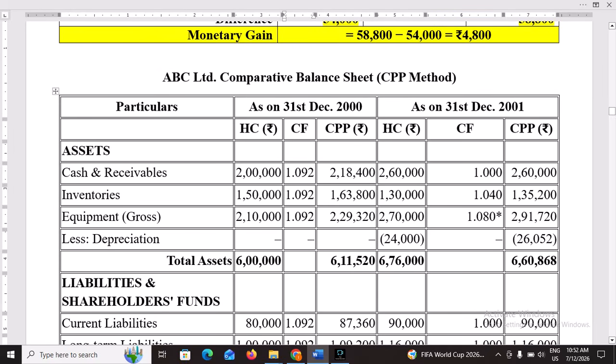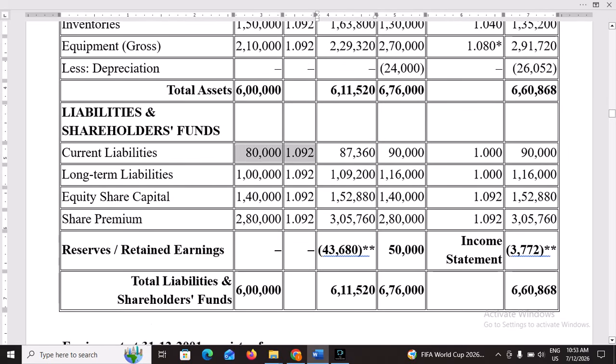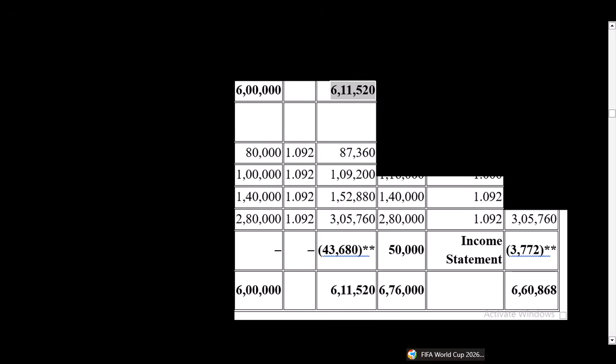So 2 lakh into 1.092 is 2,18,400; 1,50,000 into 1.092 is 1,63,800; 2,10,000 into 1.092 is 2,29,320. Total of this is 6,11,520. Now 80,000 into 1.092 is 87,360; 1 lakh into 1.092 is 1,09,200; 1,40,000 into 1.092 is 1,52,880; 2,80,000 into 1.092 is 3,05,670.